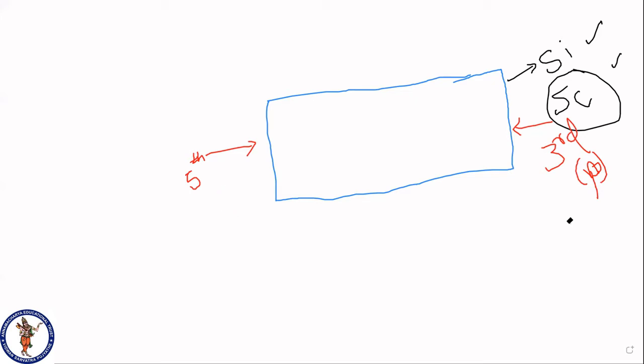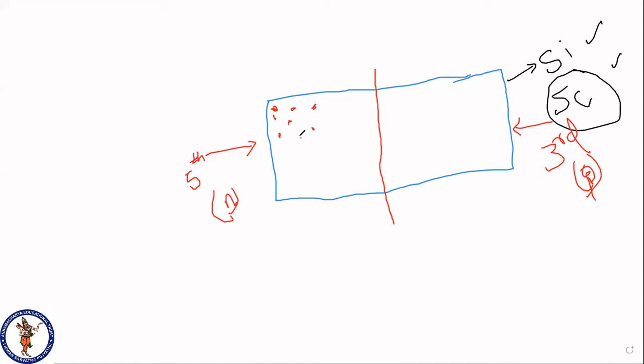We'll have N here and P here. Because of the extra electron that we are doping with the fifth group element, we have one extra electron.